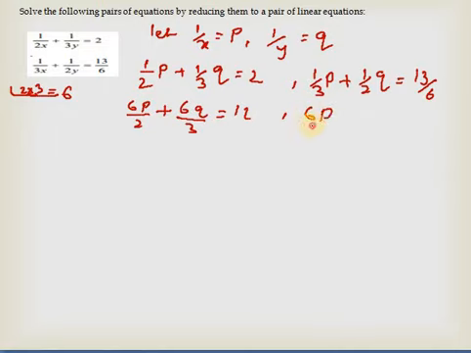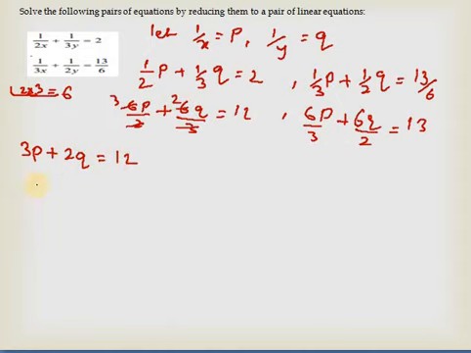And this will be 6p upon 3 plus 6q upon 2 is equal to 13 upon 6 into 6, which is 13. So the first equation we got is 3p plus 2q is equal to 12. The other equation we got is 2p plus 3q is equal to 13.